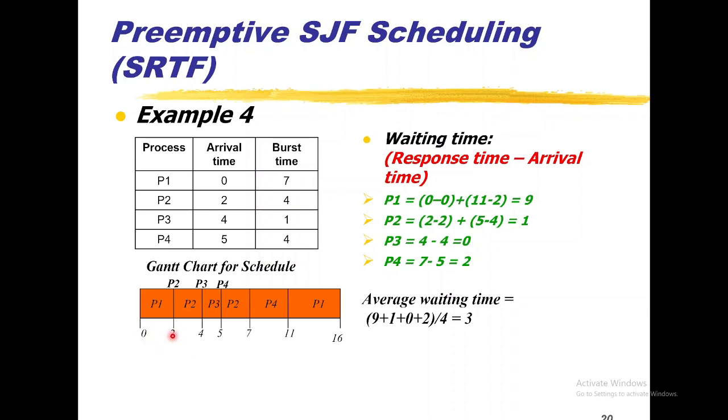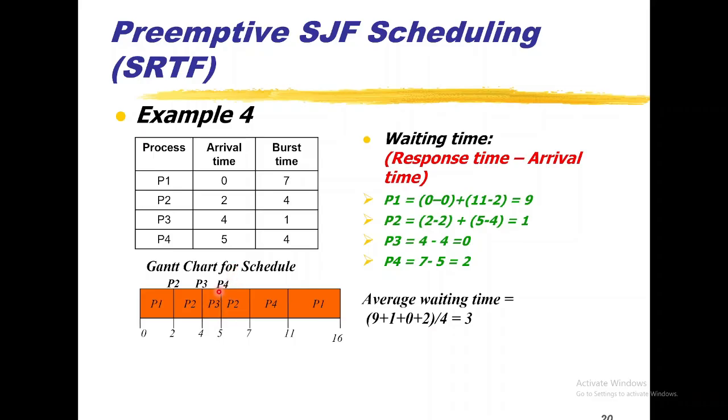P2 had 4 seconds, so it had to dump P1, which had 5 seconds, and pick P2. P2 ran for 2 seconds, and while it was running, P3 arrived, and P3 is only 1 second. So P2 had to pause to give priority to the one with only 1 second and let it run.